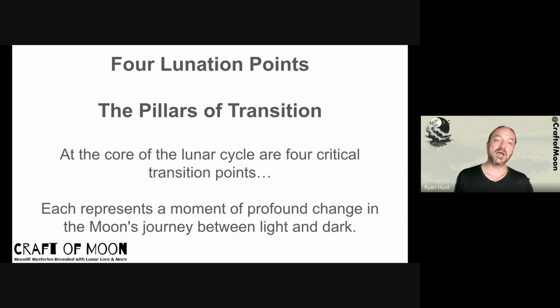So again, thinking about these 4 lunation points, these are pillars of transition because they're very clear states that we can see in the moon when we look up in the sky. We can see the darkness of the moon. We can see the fullness of the moon, and it's clear to see half the moon and how that flips sides within the cycle of the moon around the Earth.